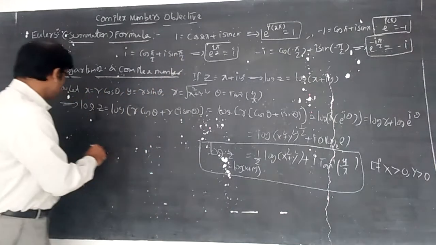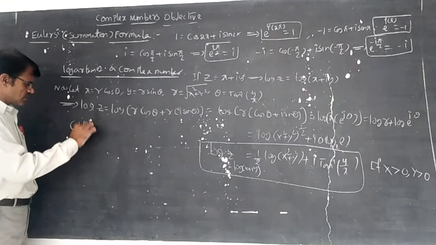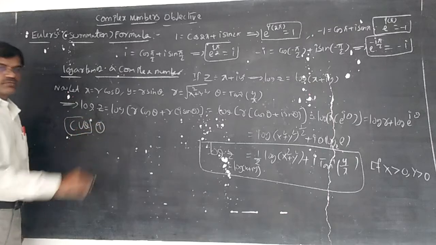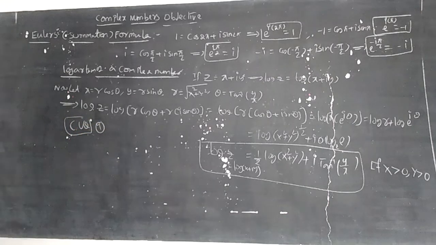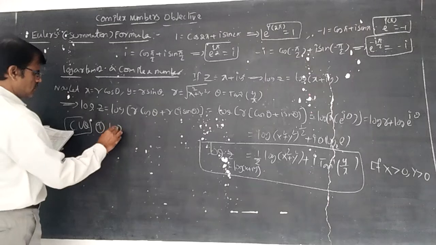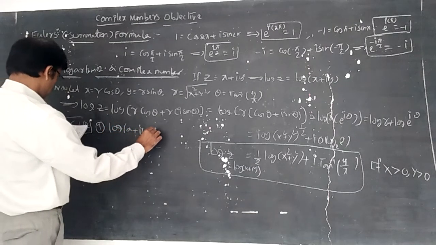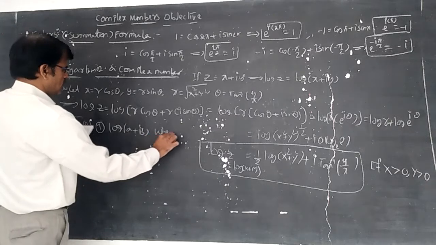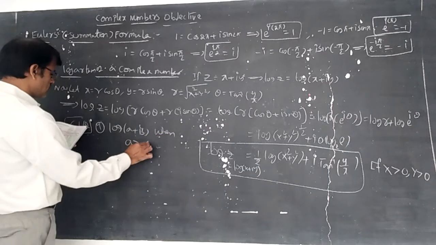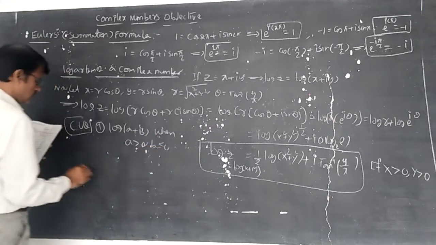Next, depending upon this, see this question, CUQ 9, which is theory bits 9. The question is log of a plus ib, where a greater than 0 and b less than 0.